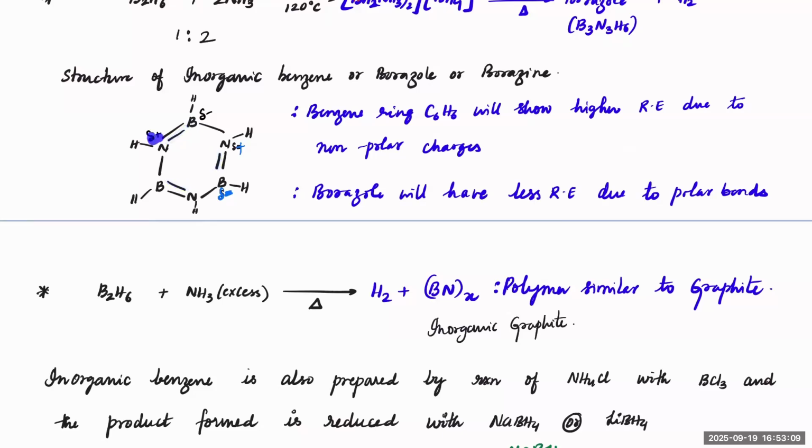So nitrogen tries to hold the electron most of the time. That means the movement of these electrons is quite weaker. So that means the resonance would happen much more slowly, isn't it? So that's why you notice that the resonance energy of benzene is quite high compared to that of borazole.